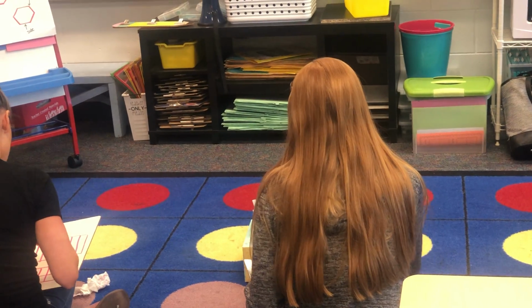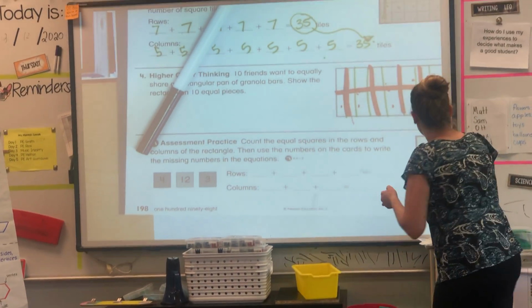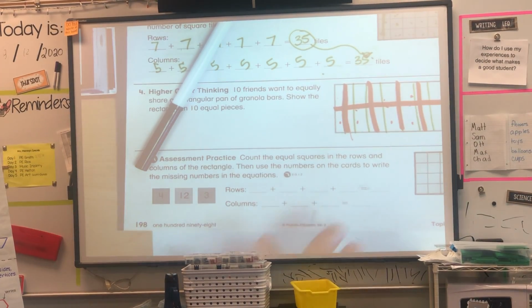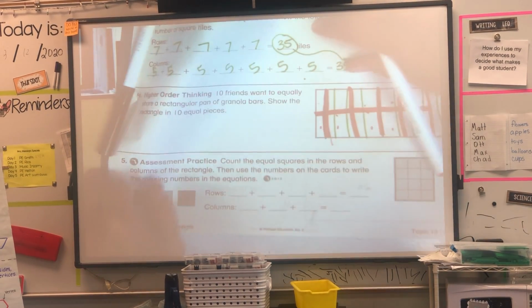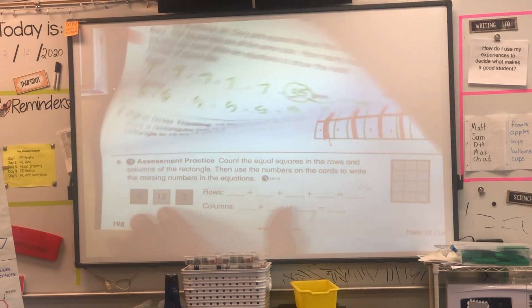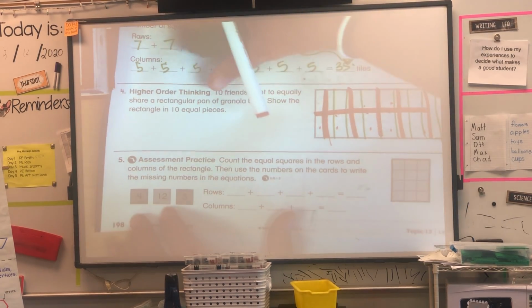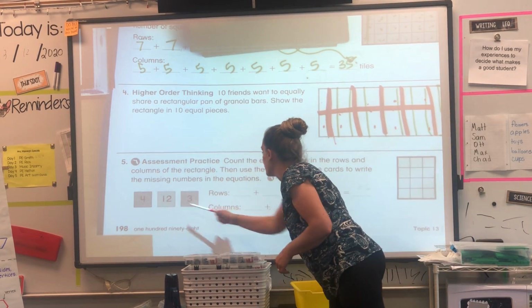Now, I want you on the video to kind of do this one along with me. Okay? Count the equal squares in rows and columns of the rectangle. Then we're going to use the cards on the side to write the missing numbers in here.